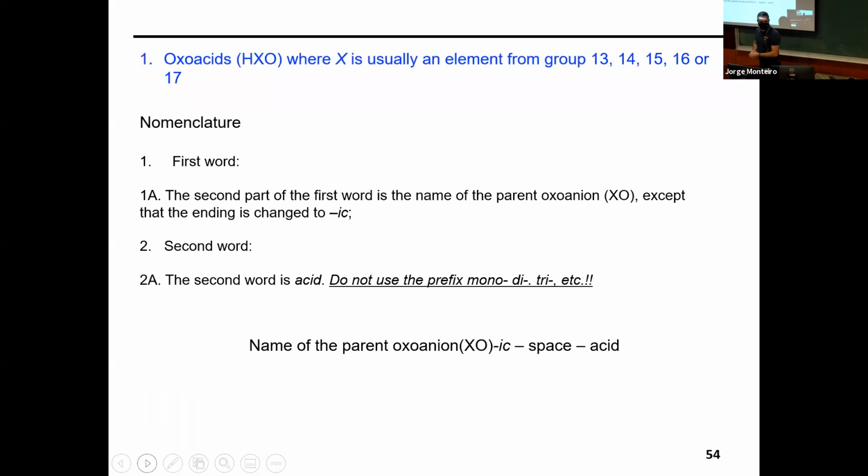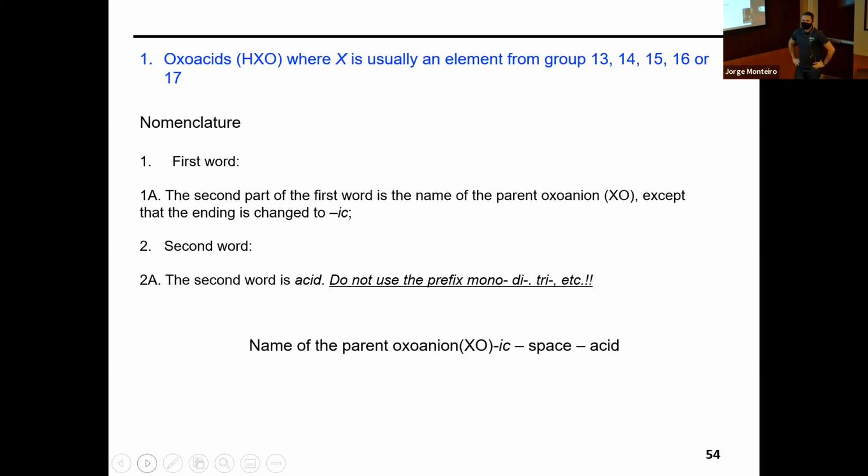Okay, so for today, let's tackle oxoacids. Here, the nomenclature is a little more complex, so let's go through the rules. The second part of the first word is the name of the parent oxoanion, the XO part, except that the ending is changed to IC.